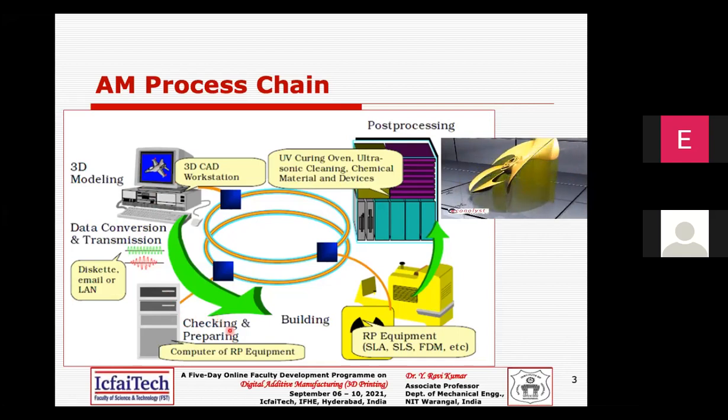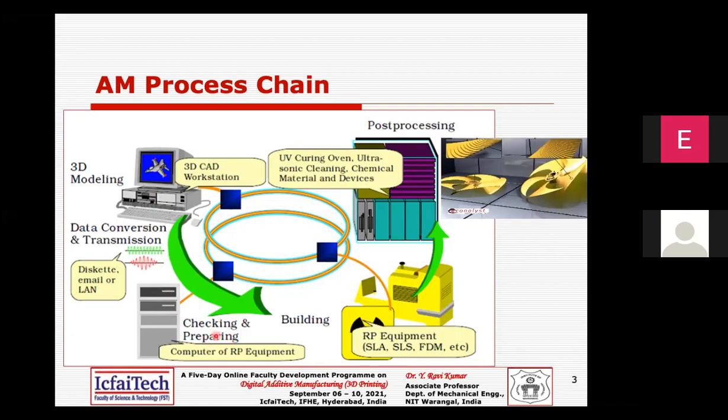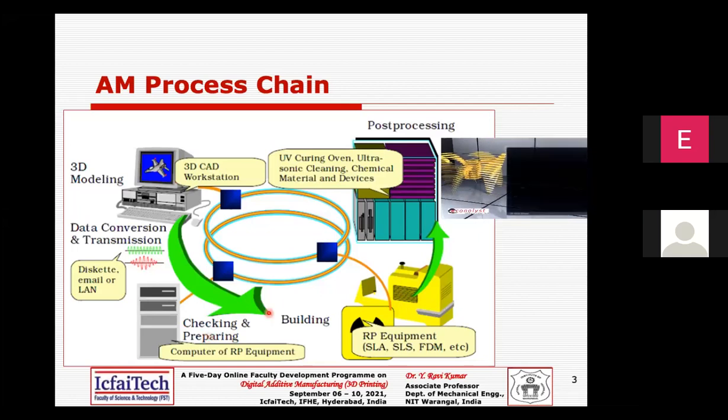So for that reason you check it, and after checking and finalizing, once everything is fine, meaning it's a watertight model, you prepare a code or command to send to the machine. Typically you prepare a build setup or the cross-sectional images, and you send those codes to the machine.